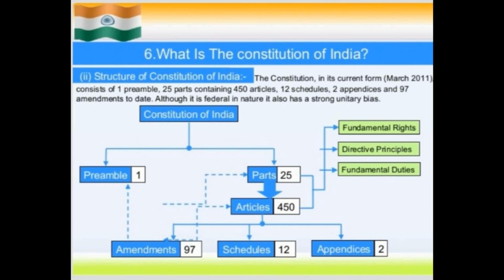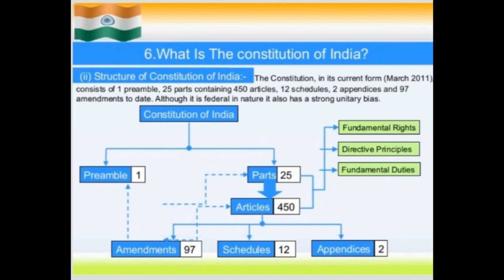So this is about the basic structure of the constitution. The basic structure of the constitution of India has been categorized into schedules, parts and articles. As of now, we have 12 schedules, 25 parts, one preamble and 450 articles.